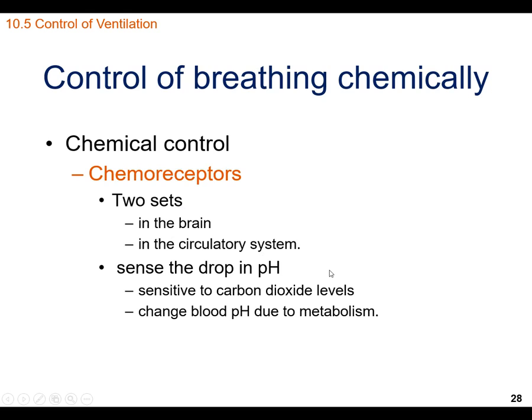And essentially what they do is they notice if your blood becomes acidic. You don't have any kind of an oxygen sensor in your body. All you have is a carbon dioxide sensor. So if carbon dioxide levels get too high, the pH of your blood will change. It becomes more acidic, and that is what the chemoreceptors are responding to, and it will cause you to increase your ventilation.